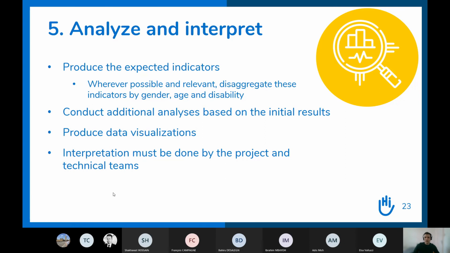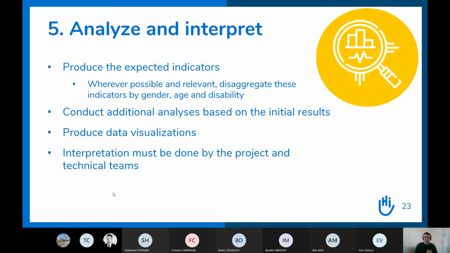So on your side, if you are an IM or a MIL staff, your job is to work really with the data, to produce visualization, to produce indicators, but it's not your responsibility then to interpret this, because the other teams also have to be involved.